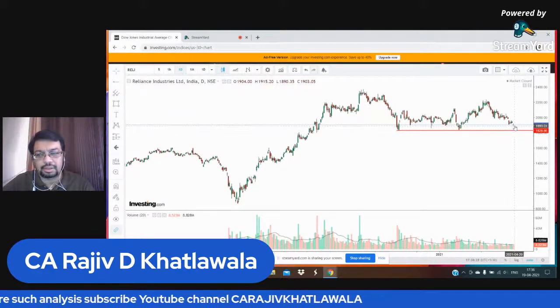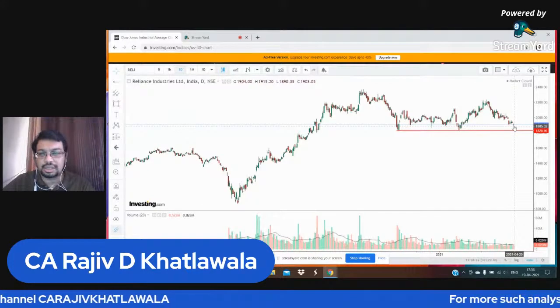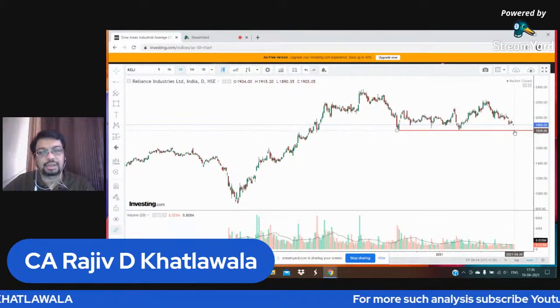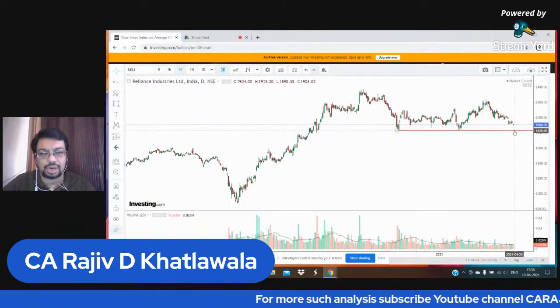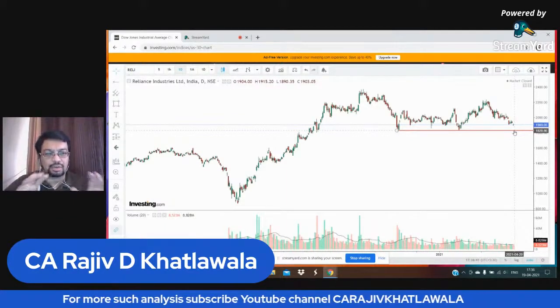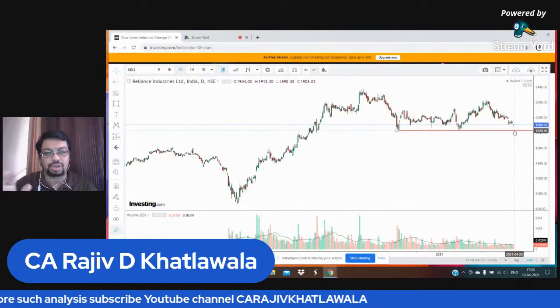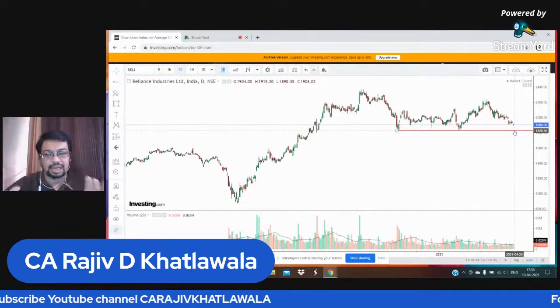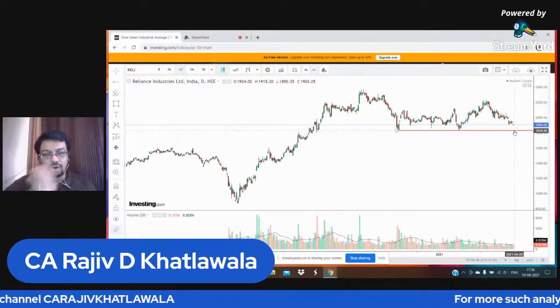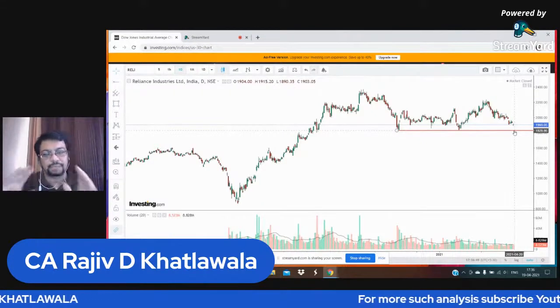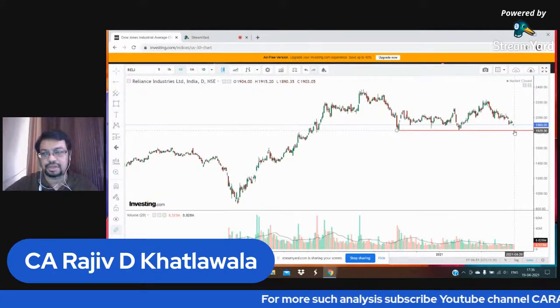Still, the price of Reliance at 1903 is above this key support level of 1830. Therefore, right now on the daily charts, the overall structure of Reliance, the medium to long-term structure, will be considered as positive.